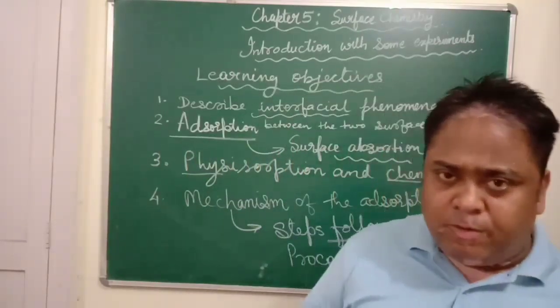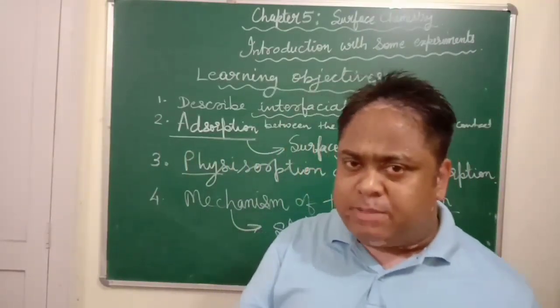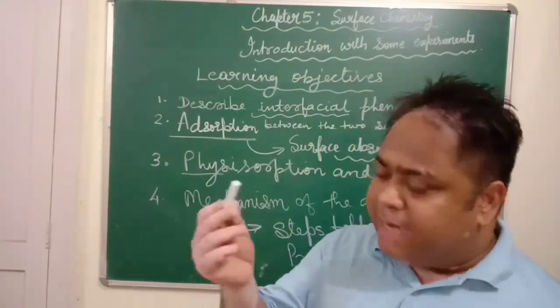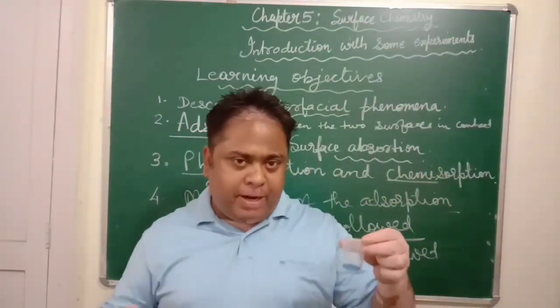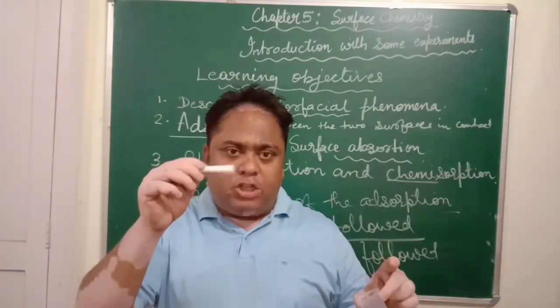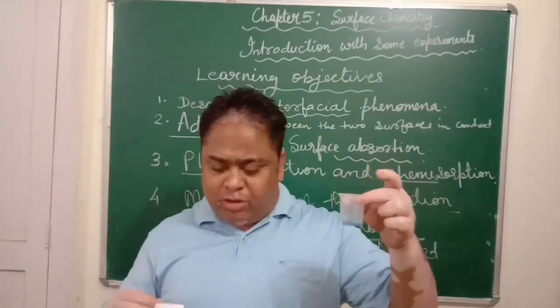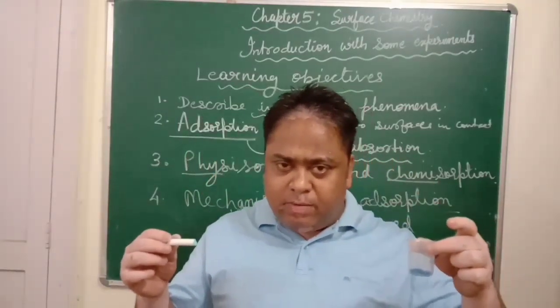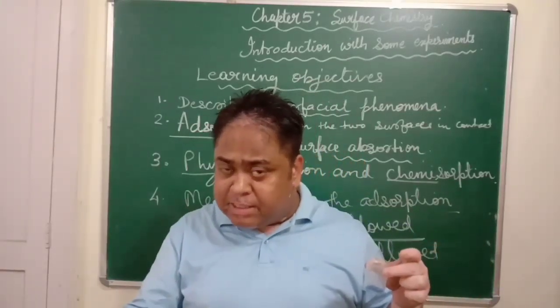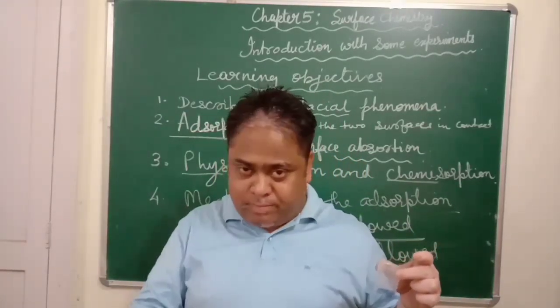What happens at first? The adsorption takes place between adsorbent and adsorbate. The one which gets adsorbed is the adsorbate. The one on which adsorption takes place is the adsorbent.